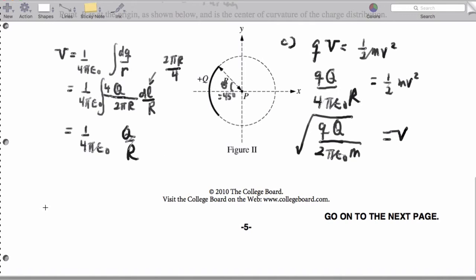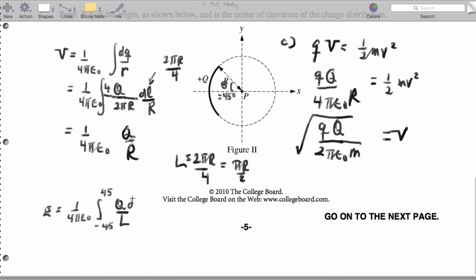The electric field is going to be 1 over 4 pi epsilon naught, and we're going to integrate from negative 45 to 45 degrees. That's Q over the length, 2 pi r over 4, which is pi r over 2, but we'll worry about that later, times dl, which we rewrite as r d theta.